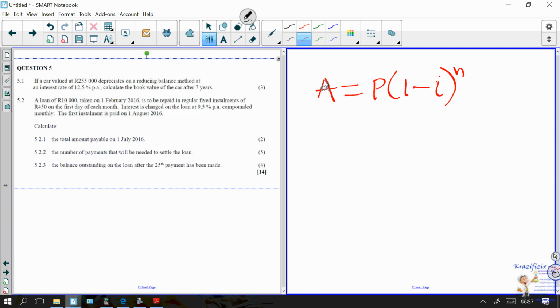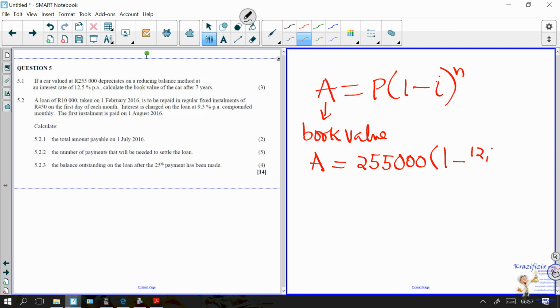At an interest rate of 12.5% per annum. Calculate the book value of the car after 7 years. The book value. A is your book value. So A, my principal amount is 255,000, 1 minus my interest, 12.5% over 100, and we're given 7 years.